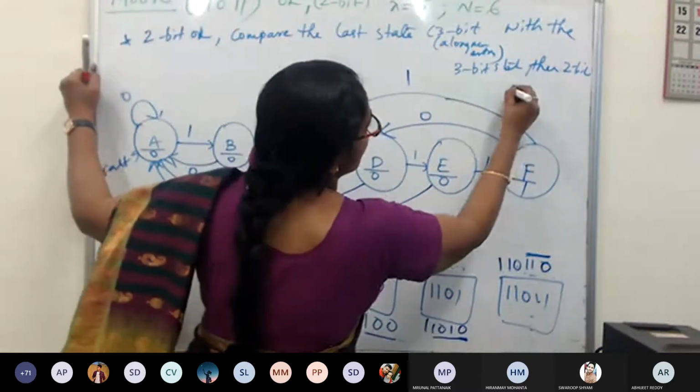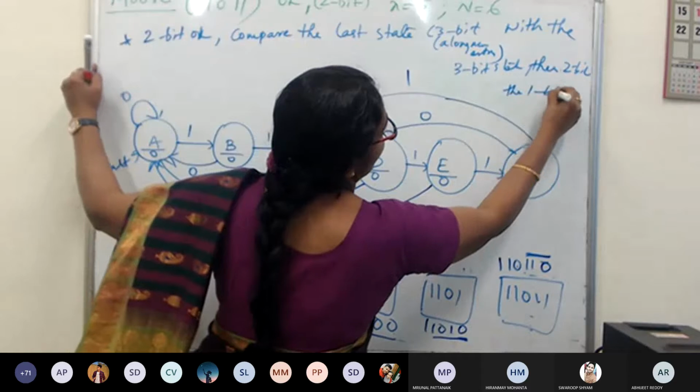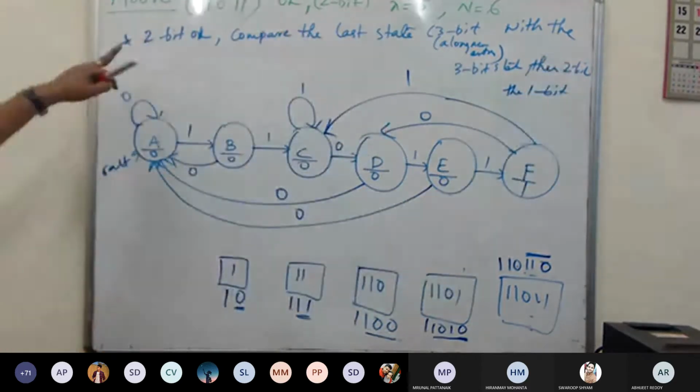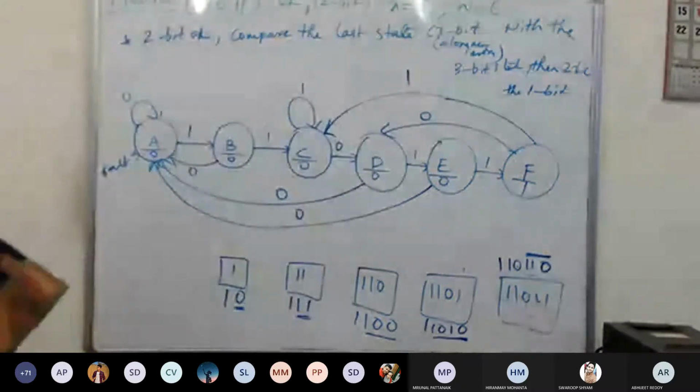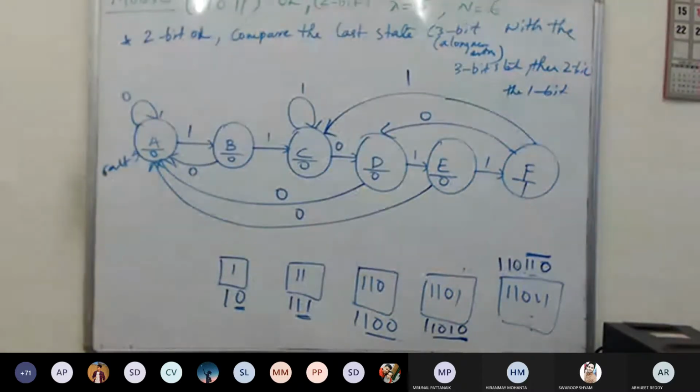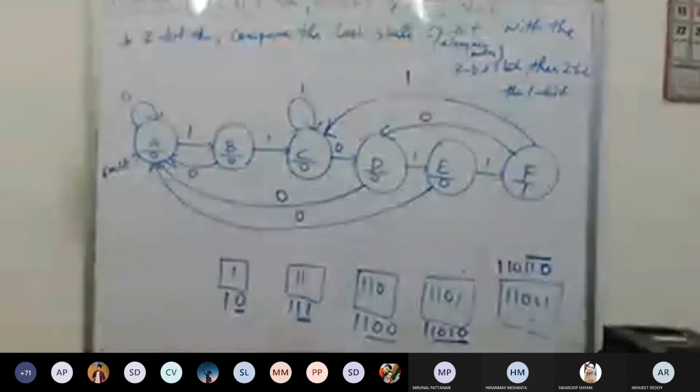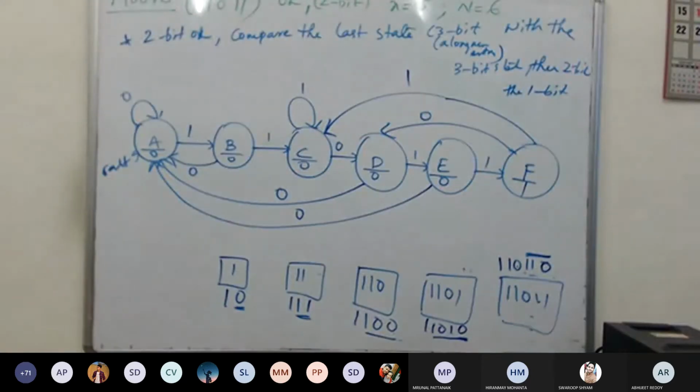If it mismatches, then 1-bit. Then terminate. This is what the rule is. For 2-bit, the last 3 bits have to be compared. Remember that. This is what Moore told. Whereas what did Mealy tell for 2-bit? Mealy told for 2-bit that the last 2 bits only have to be compared for overlapping.